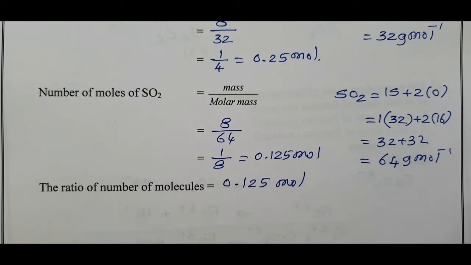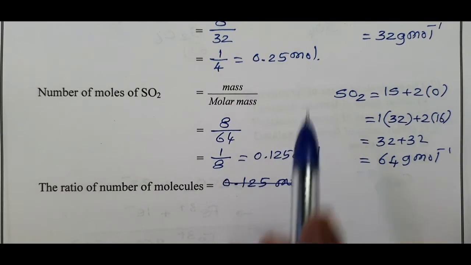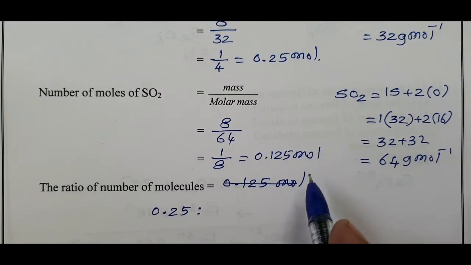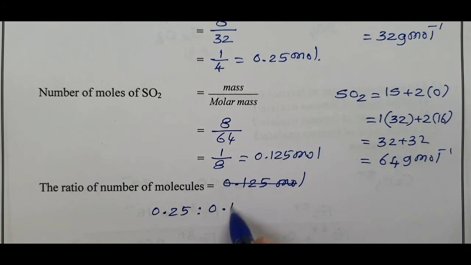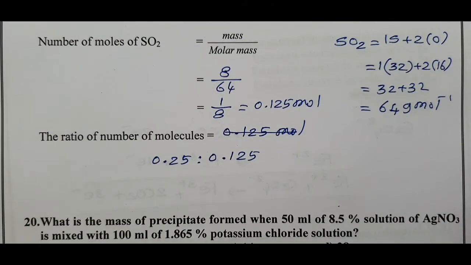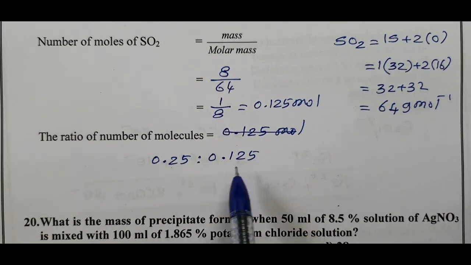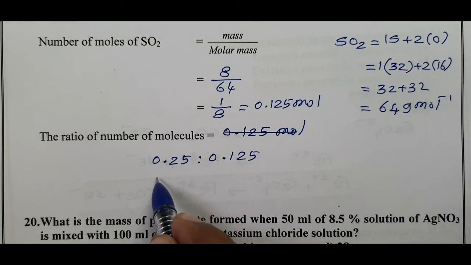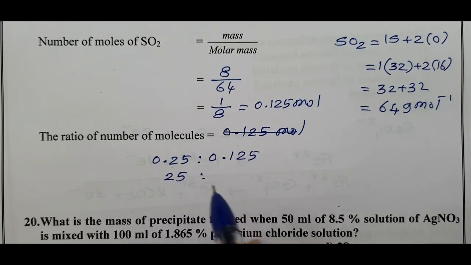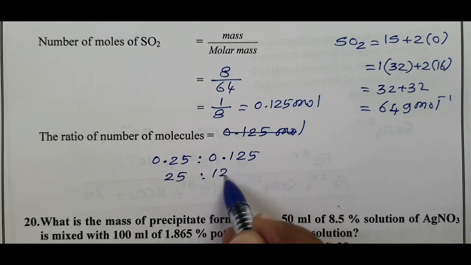Now we are going to find the ratio of the number of molecules. Oxygen is 0.25, and sulfur dioxide number of moles is 0.125, which is the lowest one. To find the lowest number, convert these two numbers into equal decimal points. Multiply this value by 100 and you will get 25, and multiply this value by 100 and you will get 12.5.